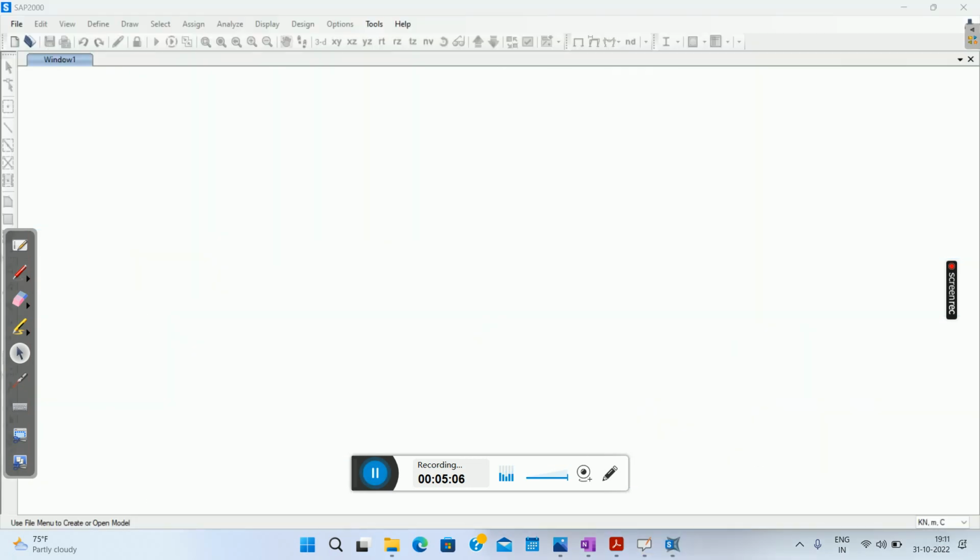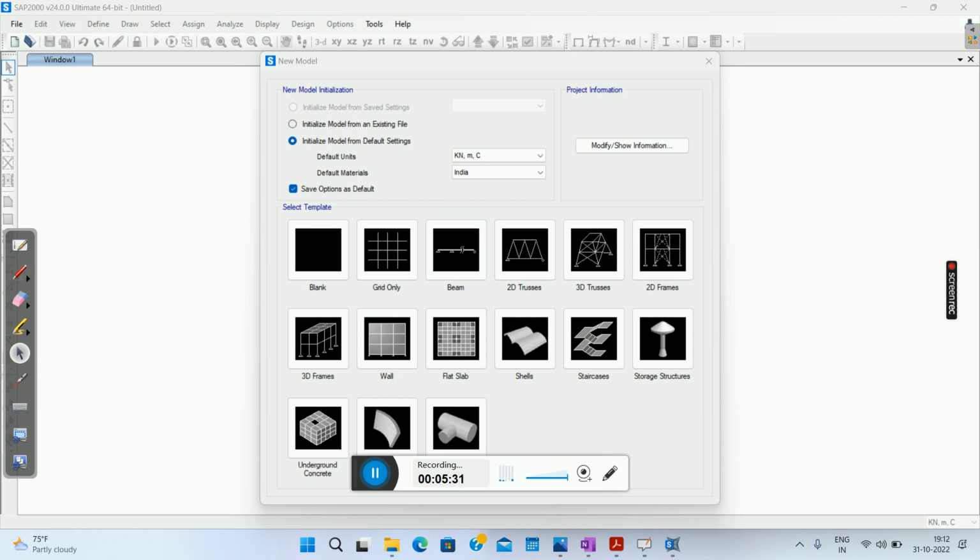So let us find the reactions by using SAP 2000 program. So once you open the program, first click on File, New Model. So once this window is opened, first select units.